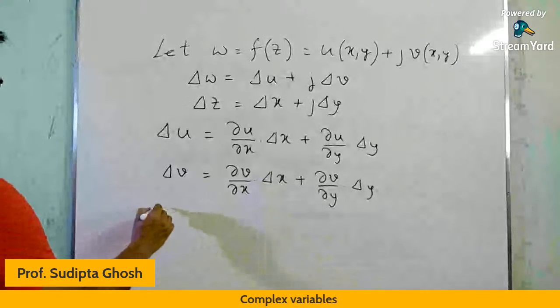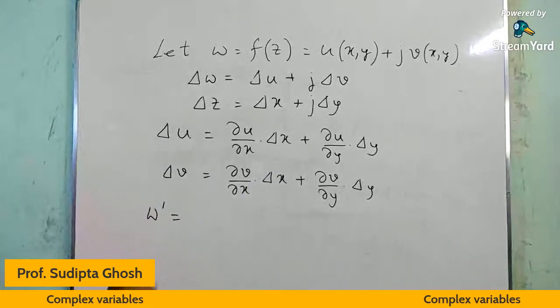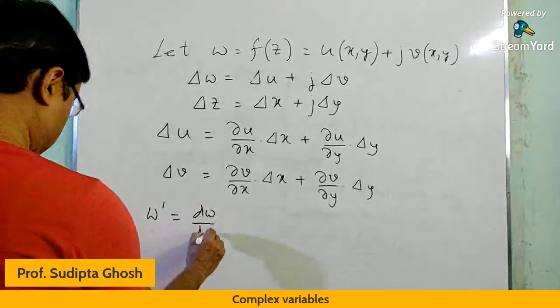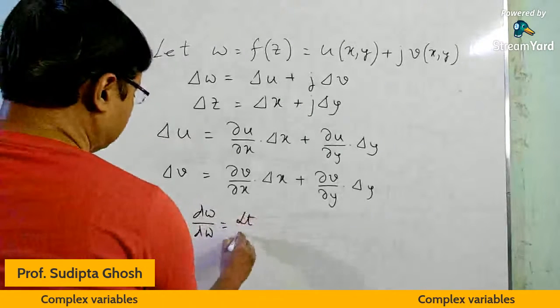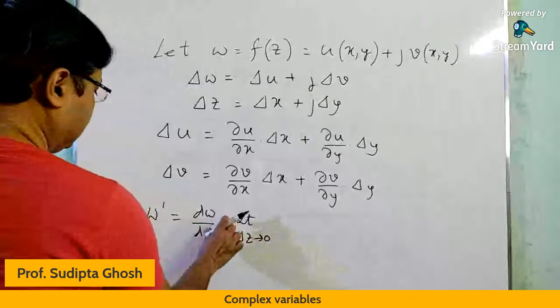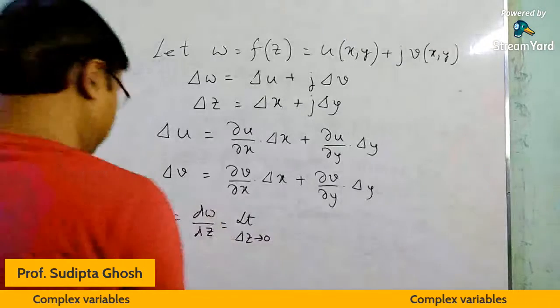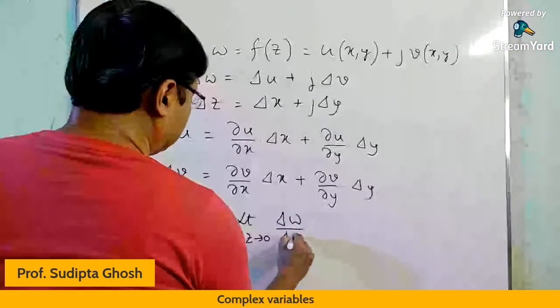So let us find the value of w prime. W prime means dw/dz, which is the limit as delta z tends to 0 of delta w by delta z.